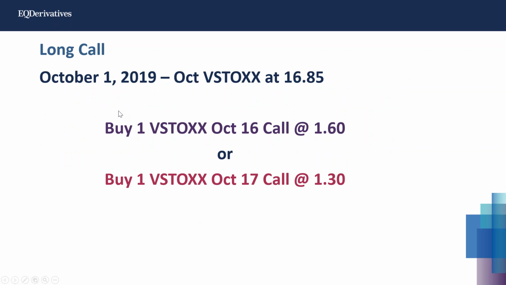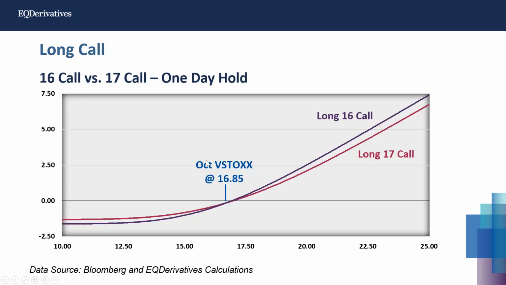So I mentioned October 1st. The October VSTOXX future was trading at 1685. Just a couple of alternatives here. A slightly in the money and a slightly out of the money option contract. You could have bought the October 16 call for $1.60. You could have bought the October 17 call for $1.30. And if memory serves me correct, these options had 11 trading days left to expiration on October 1st.